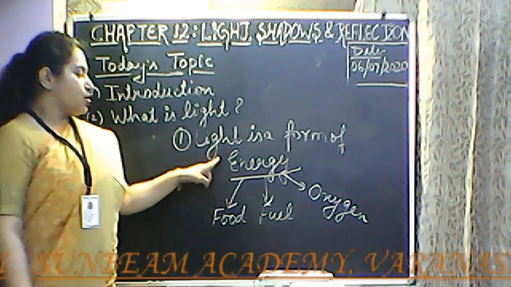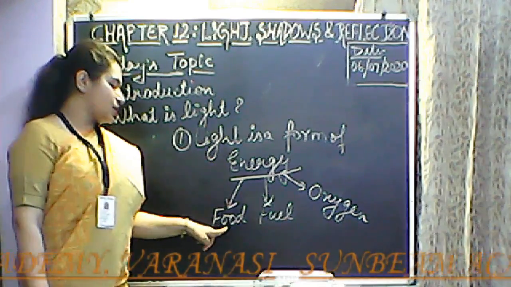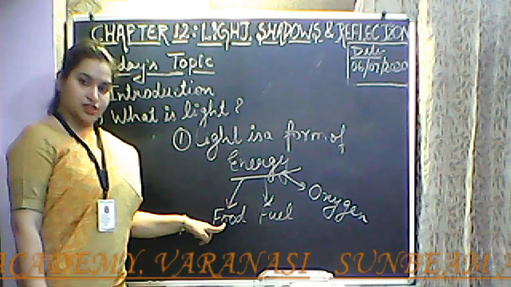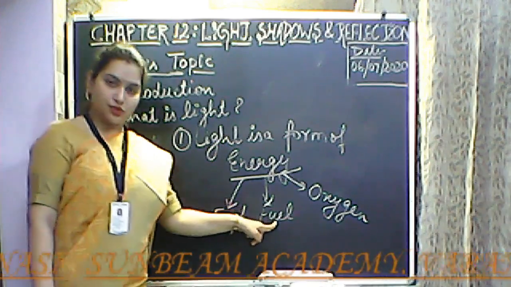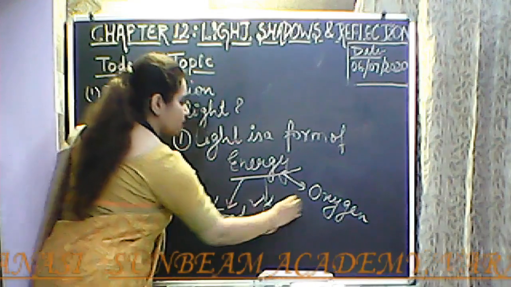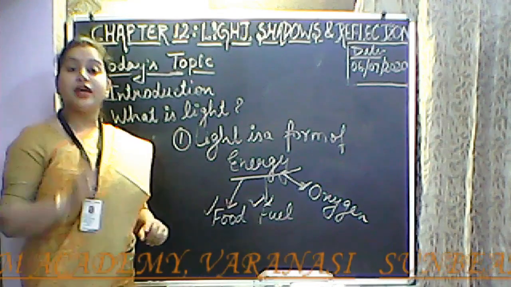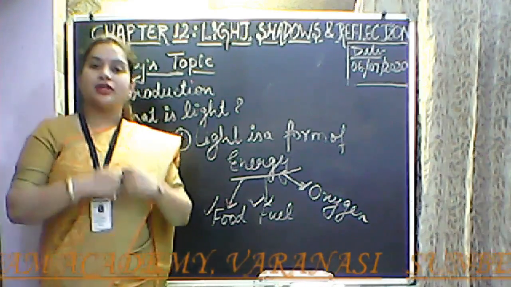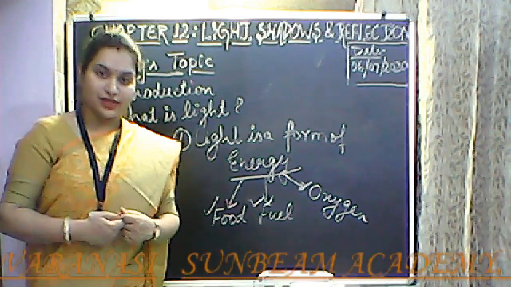Okay, so this energy, the energy of light, gives us food, it gives us fuel, it gives us oxygen, and all these three things are very, very important in our day-to-day life, isn't it?